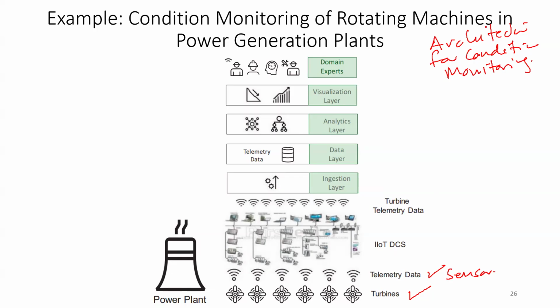This data is sent to the IIoT-enabled DC system, which handles control and monitoring of the data, and then flows upward through multiple processing layers. At the ingestion layer, it collects and pre-processes raw sensor data.